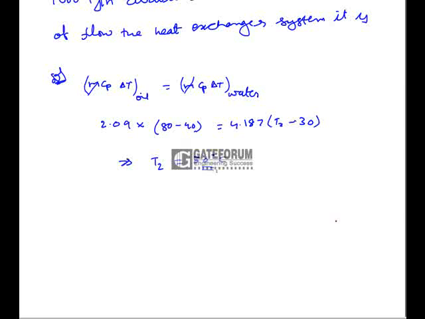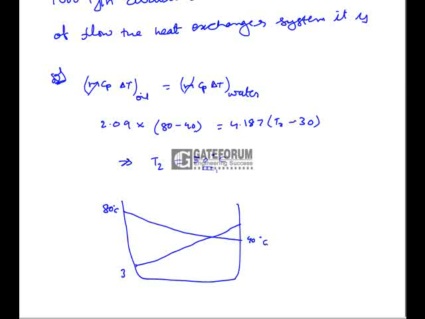Suppose we consider a parallel flow heat exchanger, where the oil enters at 80 degrees centigrade and leaves at 40 degrees centigrade, and the cooling water enters at 30 degrees centigrade and leaves at 50 degrees centigrade. But here it is not possible, because the exit temperature of the oil is less than the exit temperature of the water.